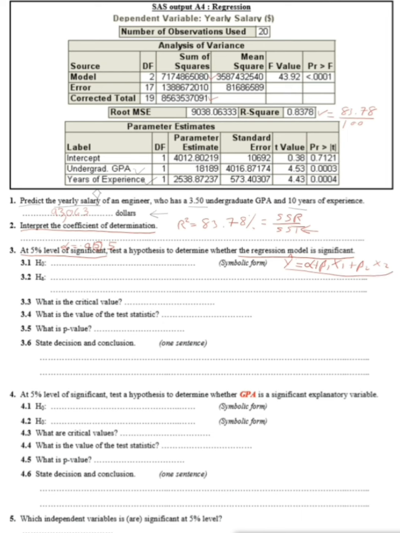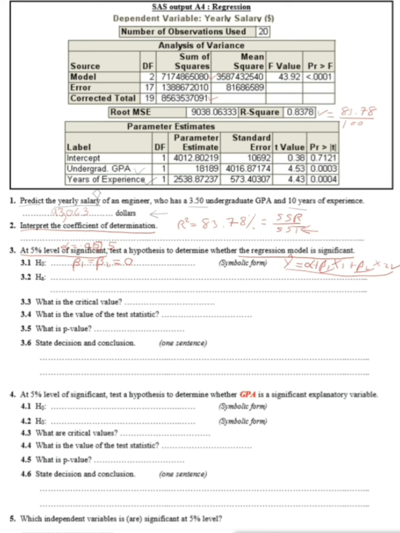That equation will be non-trivial if either beta 1 or beta 2 is not 0. If both are 0, the equation will be trivial, not significant. So H0 is both beta 1, beta 2 are 0. That means there is no significant model of this type.